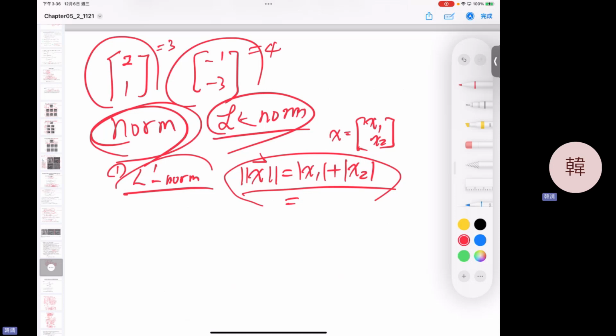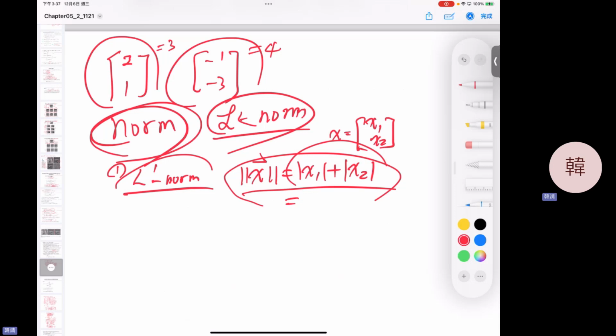Take the absolute value, positive, and then the result will be 4 for the second vector. So now you can compare, because their L1 norms are different. What are the characteristics of a norm? It must be non-negative, it must satisfy the triangle inequality, and it must be positive definite.